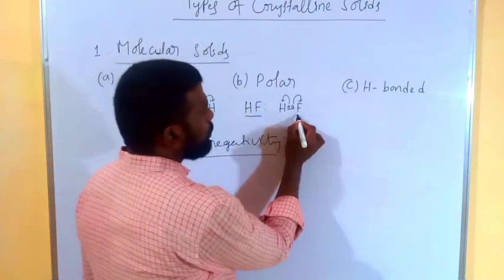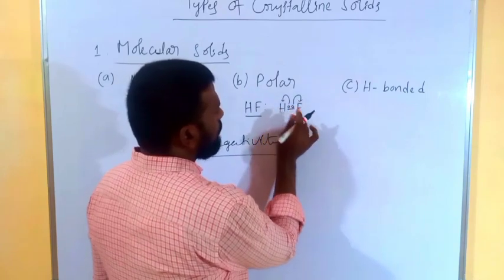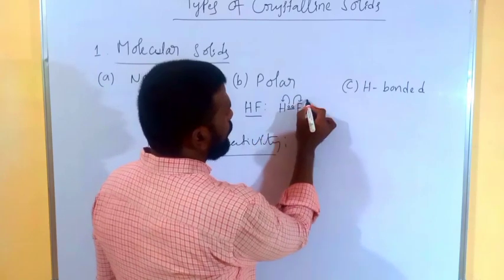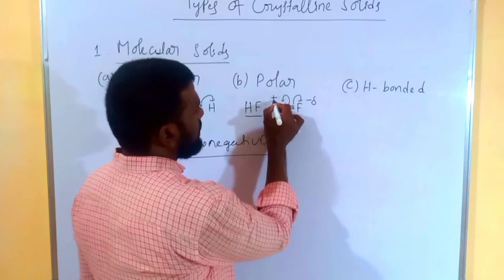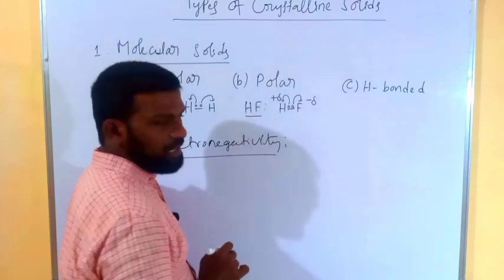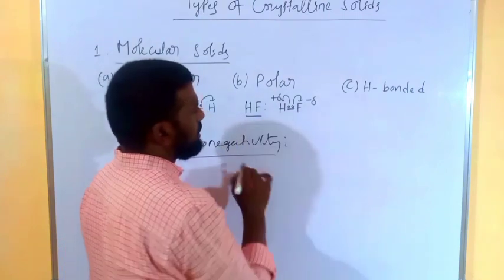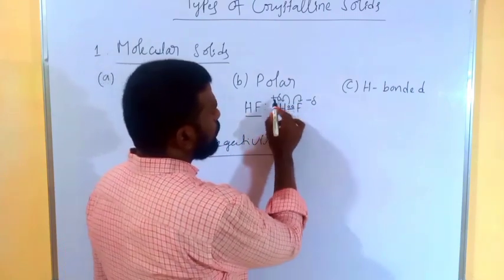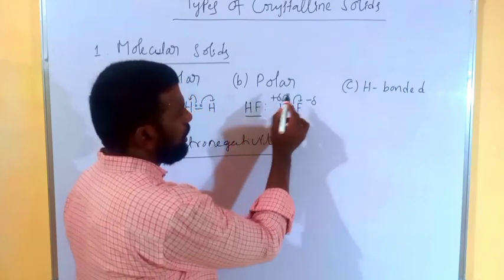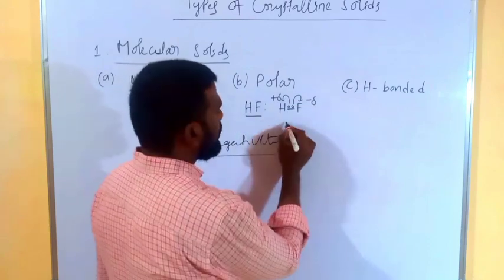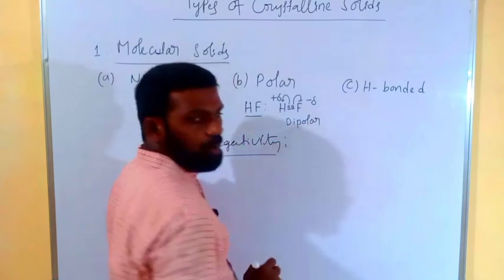So due to the high electronegativity of fluorine, this electron pair moved slightly towards fluorine. When the electron pair is moving towards fluorine, fluorine gets a partially negative charge. Simultaneously, hydrogen gets a partially positive charge. And due to the difference in electronegativities, this molecule is getting two different charges, forming two different poles, a positive pole and a negative pole. This type of molecule is called a dipolar molecule.